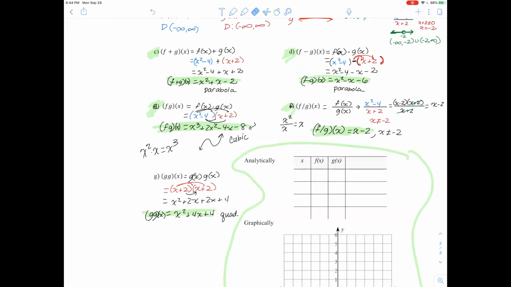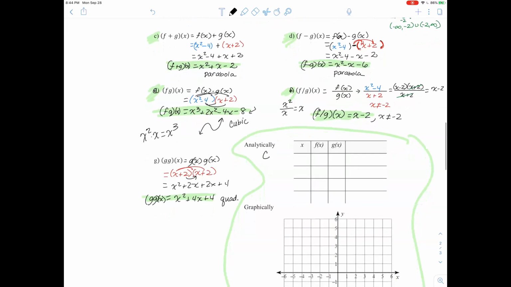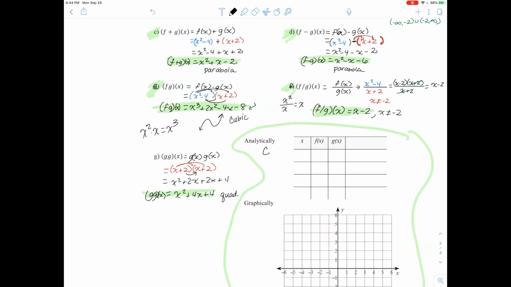Maybe you could just do problem C, and I'll give you some good points to pick. Let's pick -3, -2, -1, 0, 1, and 2. Find your f of x outputs for those domain values and your g of x, and then add them or subtract them.